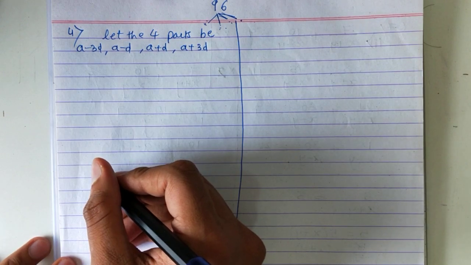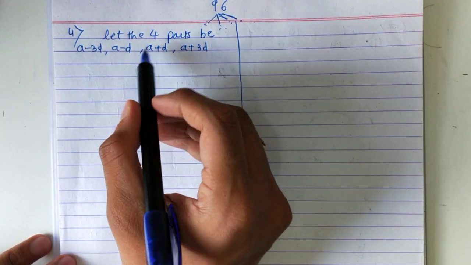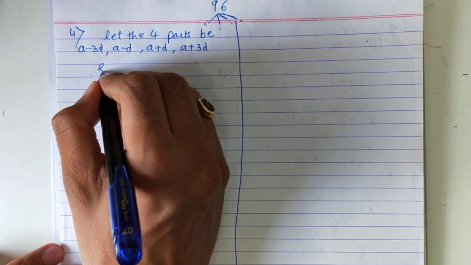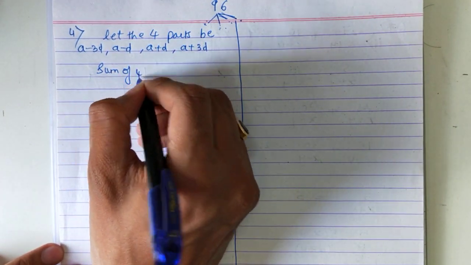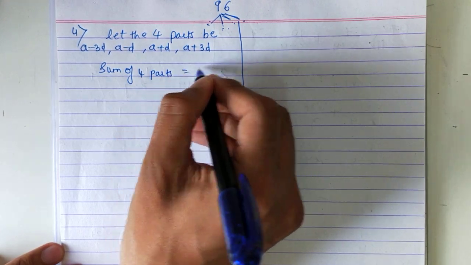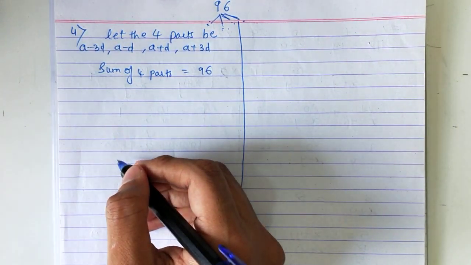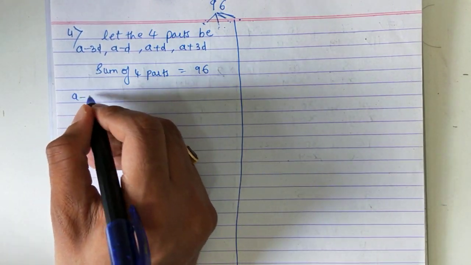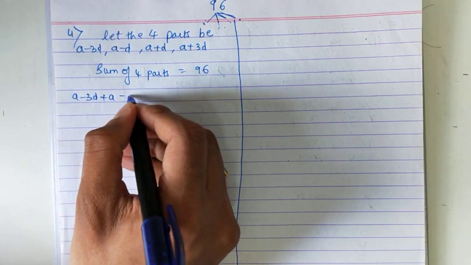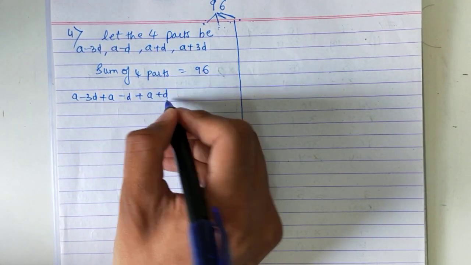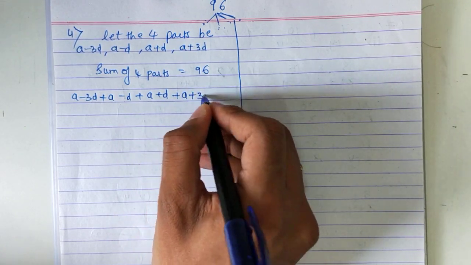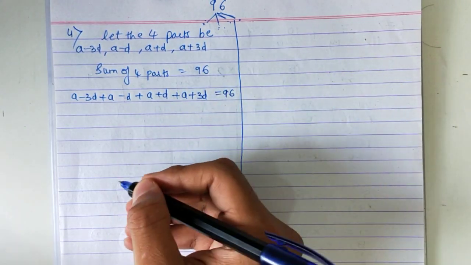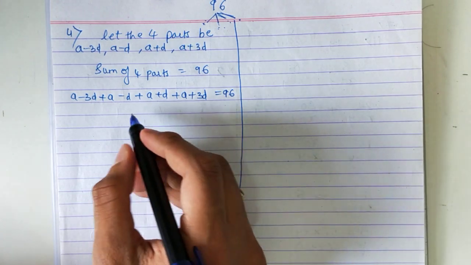And then they have said the ratio between the product of their means. Okay, before that, sum of the 4 parts is 96. You understood, because you have divided 96 into 4 parts. So let's add the 4 parts. A minus 3D plus A minus D plus A plus D plus A plus 3D equals 96.